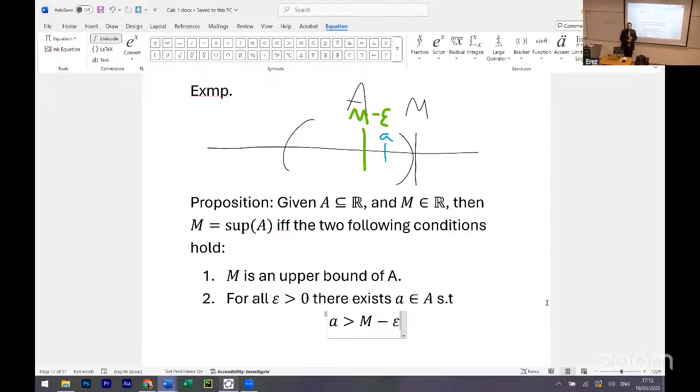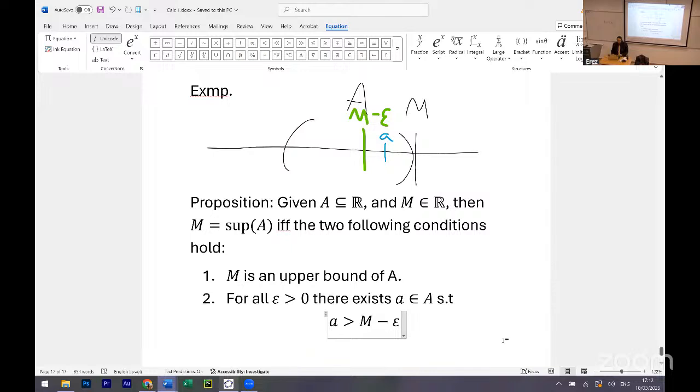Yes, Thomas. To go back a bit, M is a supremum, but not necessarily part of the set. In general, yes, the supremum doesn't have to be a part of the set, and that's the more interesting example usually. If M is the maximum, then all proofs are quite easy. So this means that whichever epsilon bigger than 0, there is an element bigger than M minus epsilon.